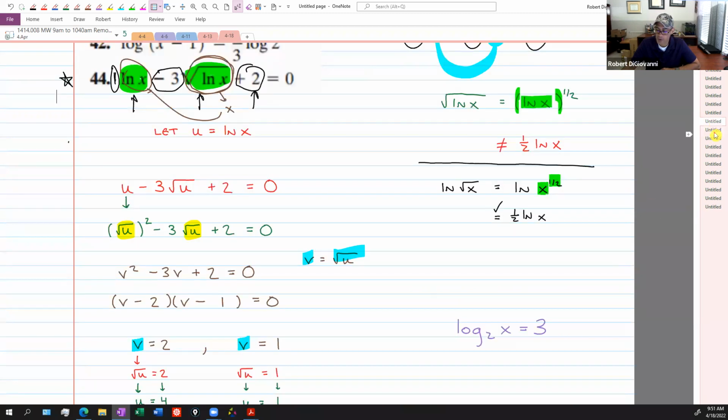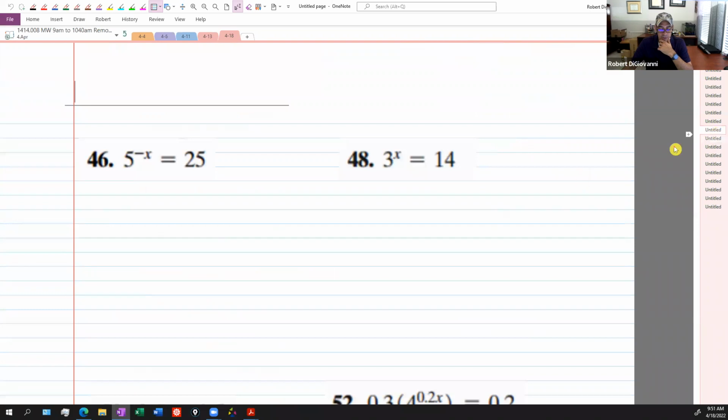Okay. We are done with logarithmic equations. All right. The title of this section is Exponential and Logarithmic Equations. So now we need to start looking at exponential equations. So notice that for these first two problems, there's no logs involved, right?